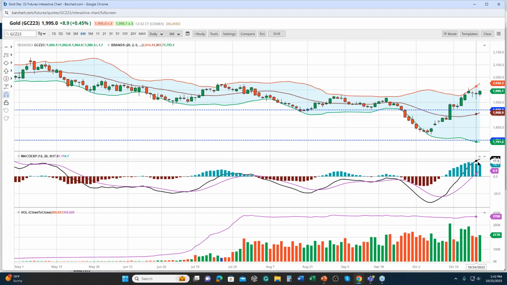What we have here is confirmation or confluence that we are in an uptrend and our Bollinger Bands are expanding, and we're moving towards the outer bands that are now moving away from us, which is giving us more room to let price run.